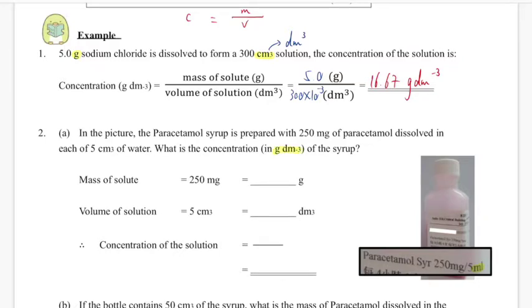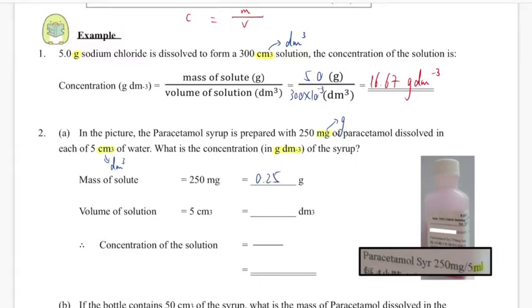Here the mass we have is in milligram, so we need to convert that into gram first, and the volume we have is in cm³, and we need to convert that into dm³ first. So the mass of solute, 250 milligram, would be divided by 1,000 and turn into 0.25 gram.